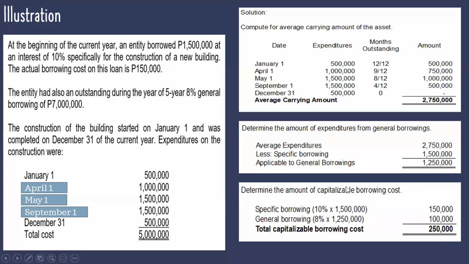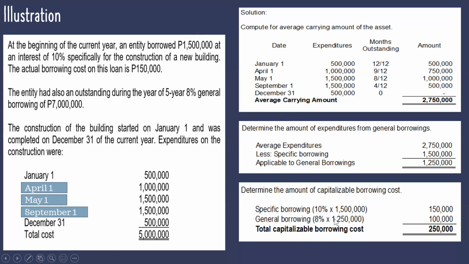So the next thing that you have to do is you can now determine the amount of capitalizable borrowing cost. So first is for your specific borrowing. So you have 10%. Again, as mentioned, that's 10% times your principal of 1.5, 150,000. Although it was also given already in the problem, no? So 150,000. For the general borrowings naman, so the outstanding, the rate actually is 8%. So yan.